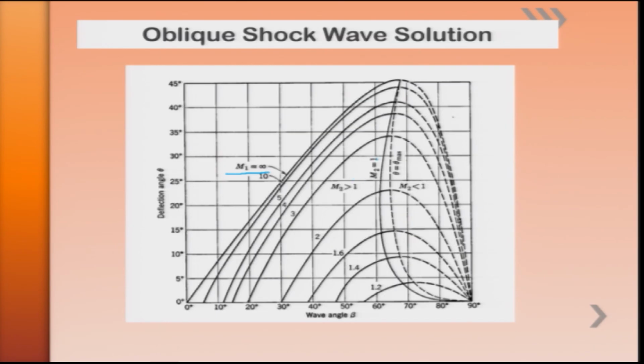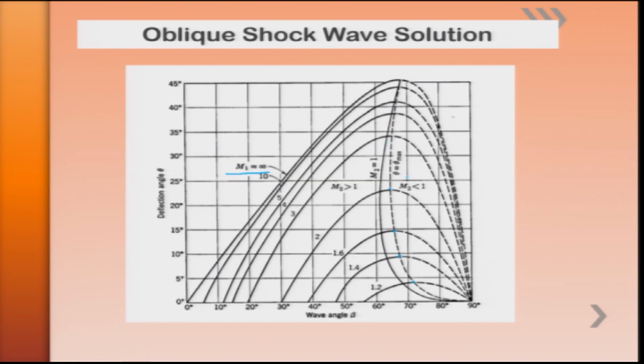These are the points where theta becomes maximum, because for any variation in the wave angle, the spread of any particular curve is something like this, and then you can find that there is a maximum. When we join these maxima for the various incoming upstream Mach numbers M1, they are joined by this dotted line.